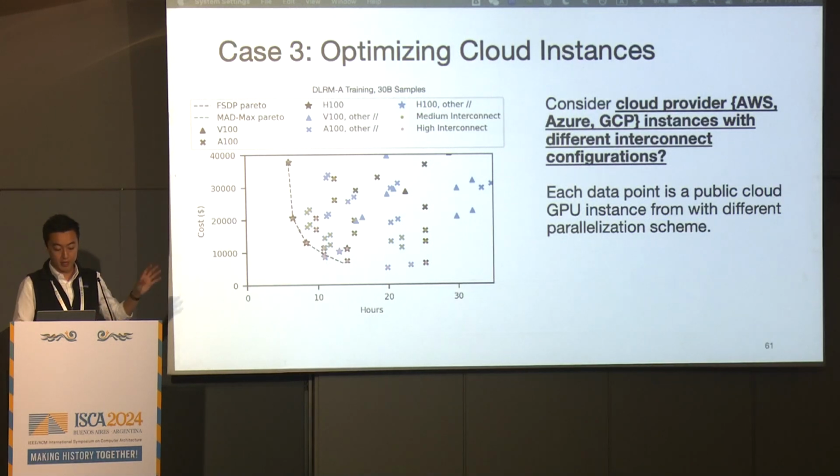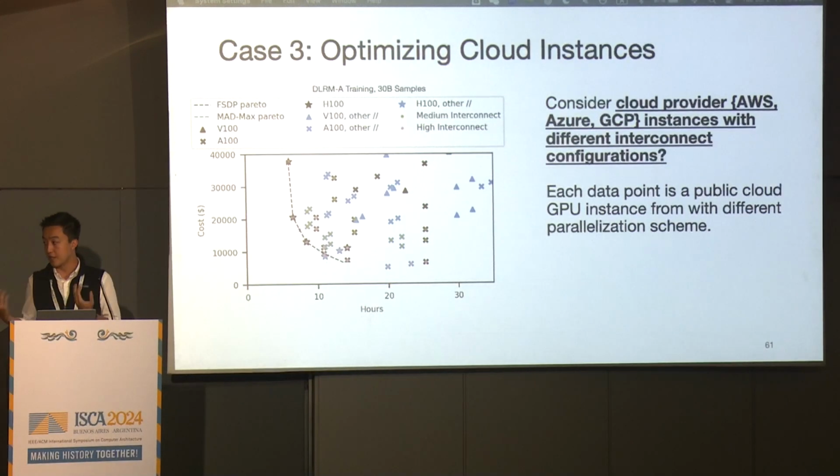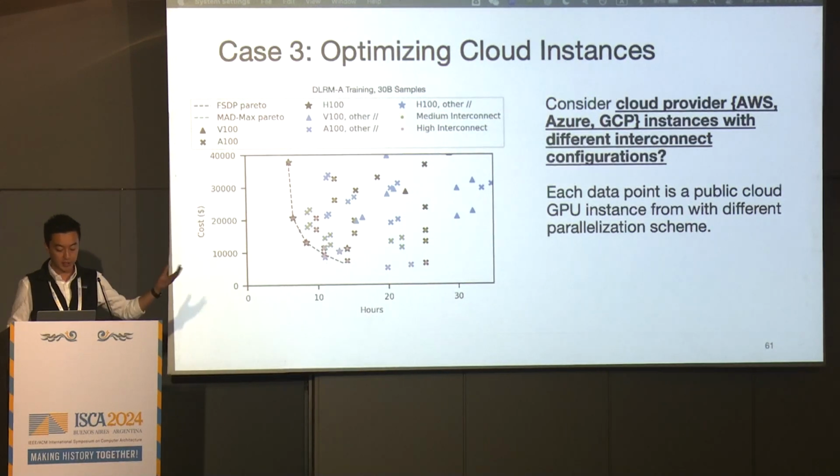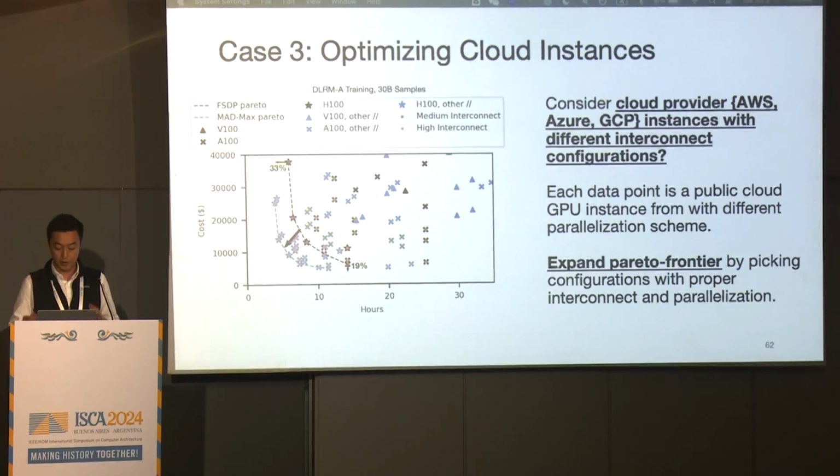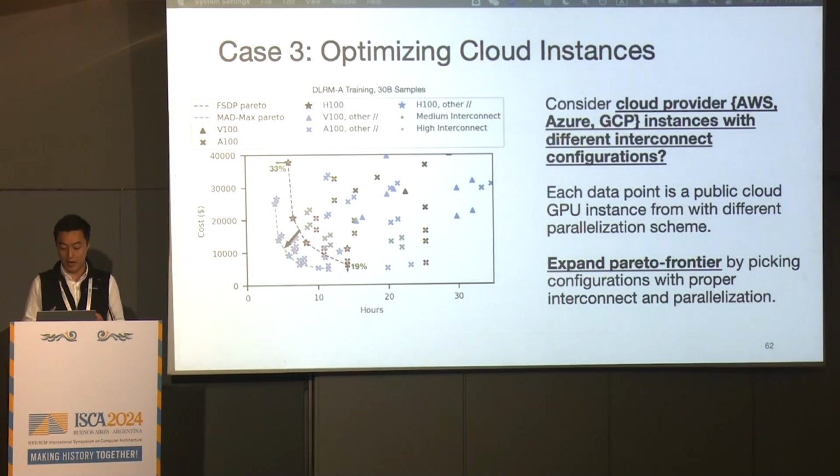So each data point here is a public cloud GPU instance with a base parallelization scheme. So using the standard FSDP, you get a data point for each. And with MadMax, we're able to identify parallelization strategies specific for different configurations that push the envelope of faster and cheaper training.